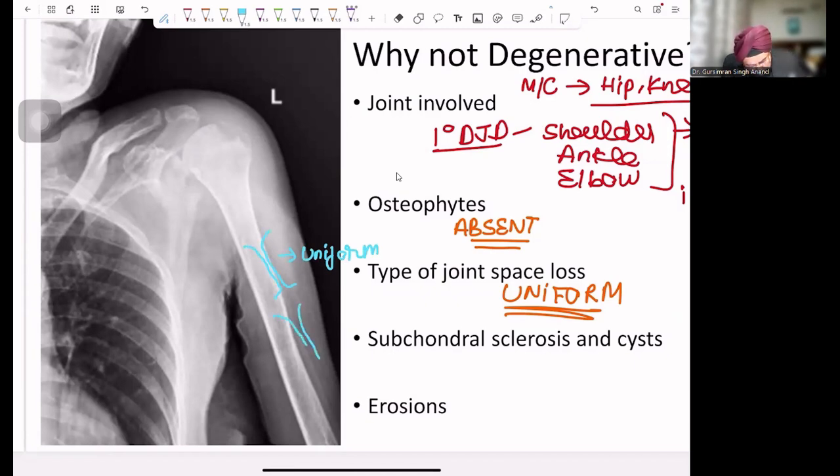It looks somewhat like this, more in the inferior part, less in the superior part. So non-uniform joint space loss is suggestive of degenerative joint disease, but here we have a uniform type of joint space loss, which goes against degenerative osteoarthritis.